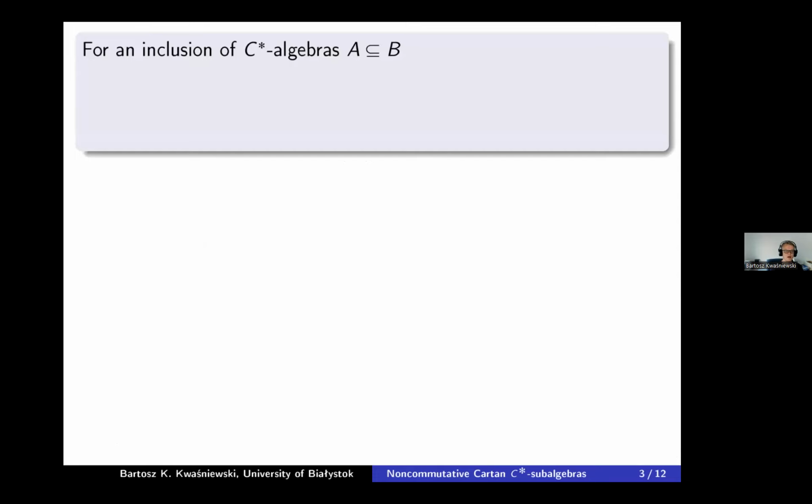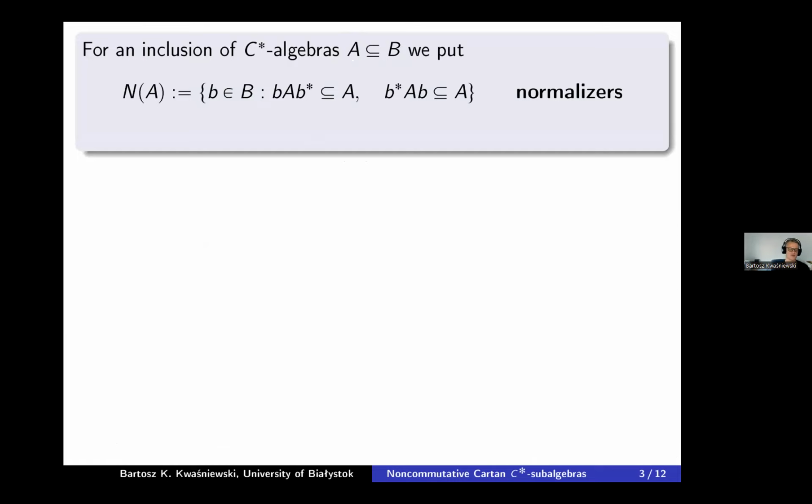So throughout the talk, I will consider these inclusions of C*-algebras. A is a small C*-algebra, B is a large C*-algebra. Some authors prefer the other notation, sorry for this. So Kumjian introduced these normalizers for C*-algebras.